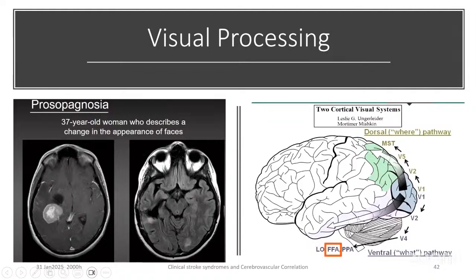If the fusiform gyrus is involved, you will not be able to recognize. Show him Mahatma Gandhi's photo, he will not be able to do that. So strokes can affect focal areas, giving rise to various types of defects. And these are the two cortical visual systems which I've been telling you, the Where pathway and the What pathway.